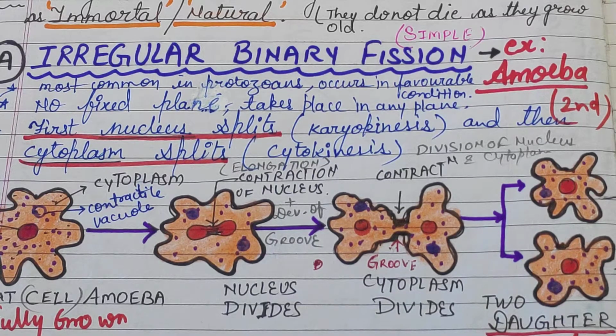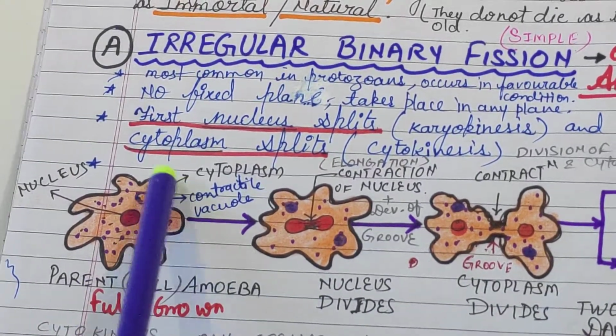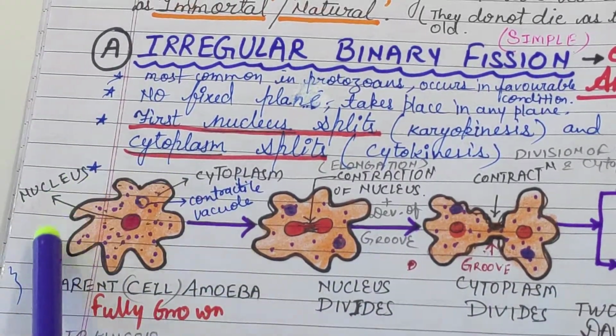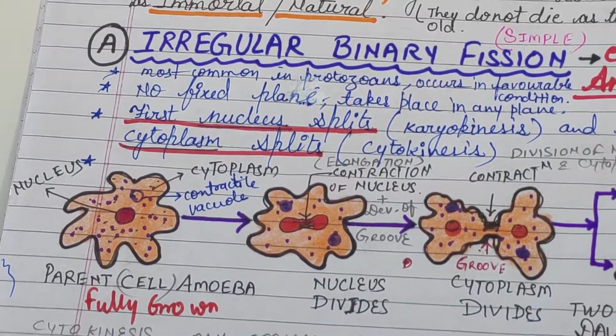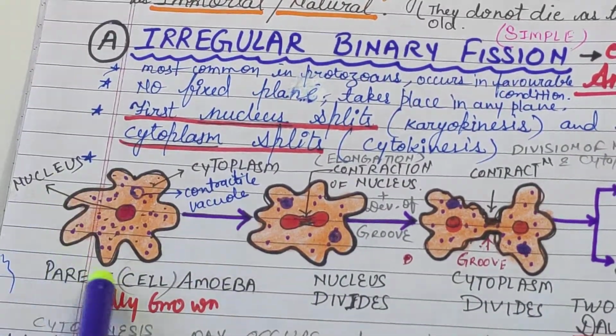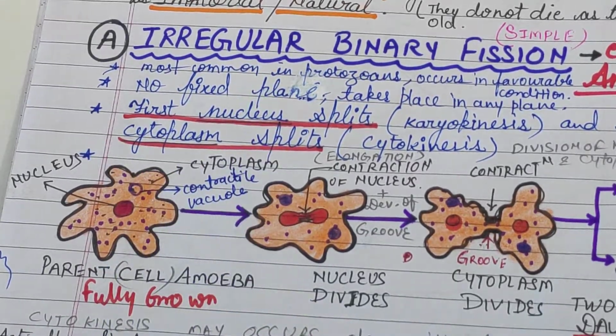No fixed plane is followed; it takes place in any plane. There is no fixed plane because of its structure. Amoeba is irregular in shape, so there is no fixed plane for division, or we can say multiplication.